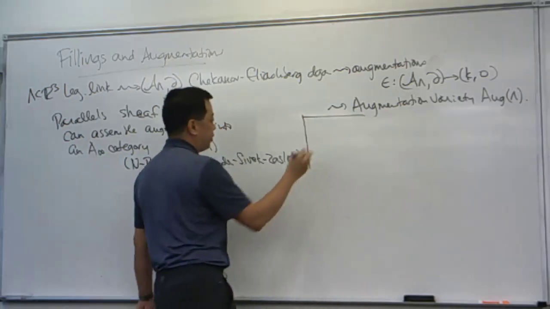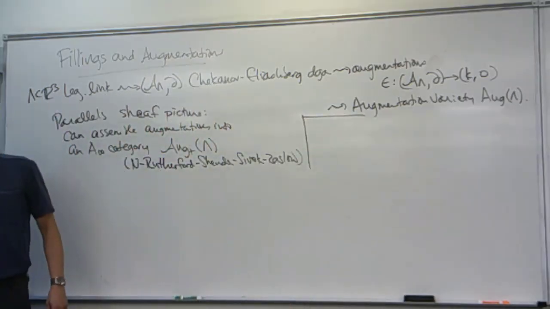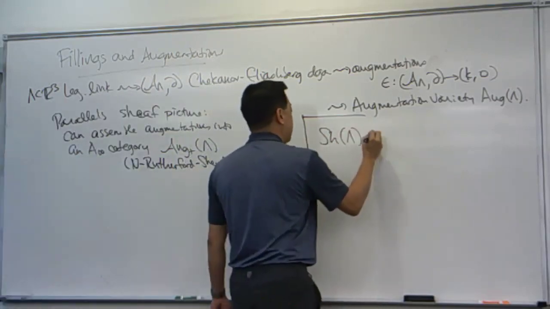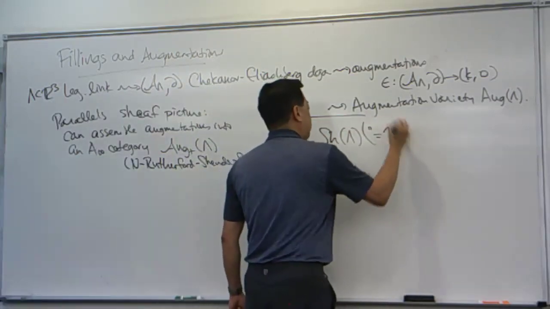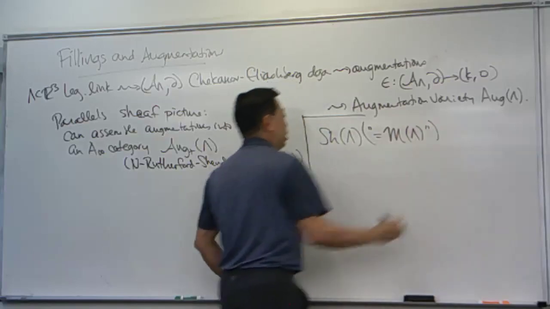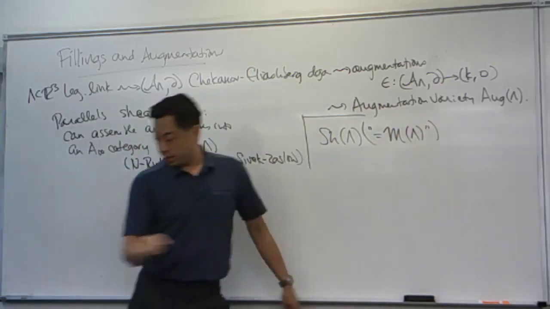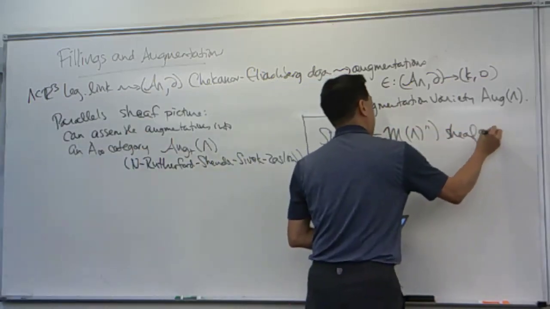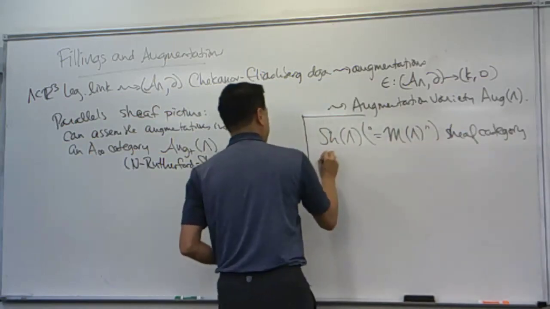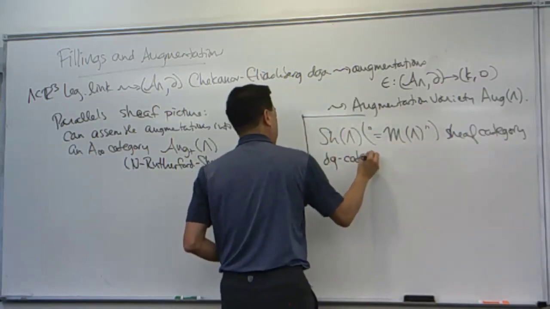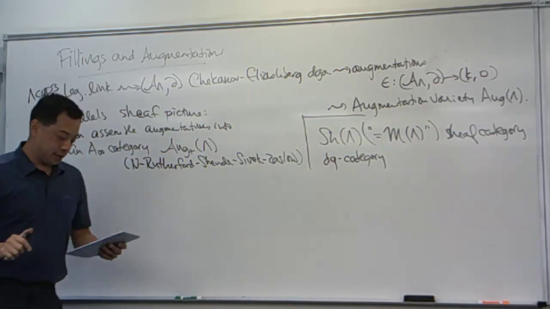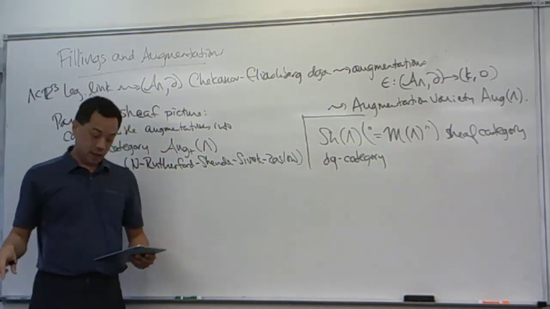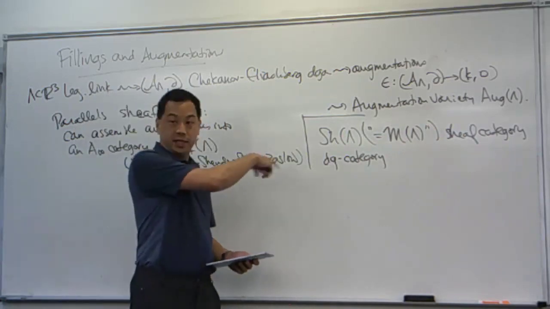And on the sheaf side, there is something that should be pretty familiar to you all now, except maybe I will use different notation for it. I'll write it as SH of lambda, but you should think of this as what Virginia was writing as M of lambda. This is a sheaf category, a DG category where the objects are the things that we've been studying, which are sheaves with compact support, microlocal rank one, with singular support contained in lambda.